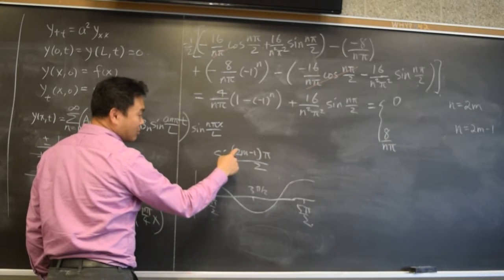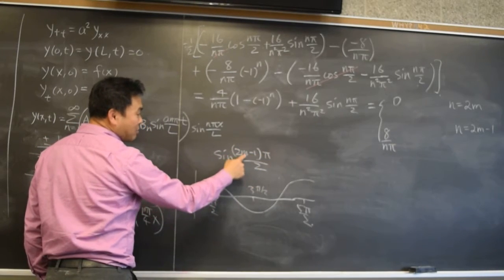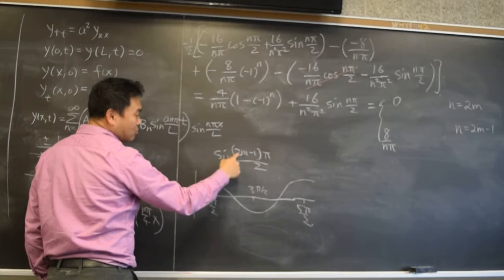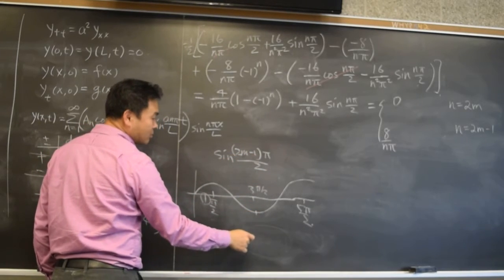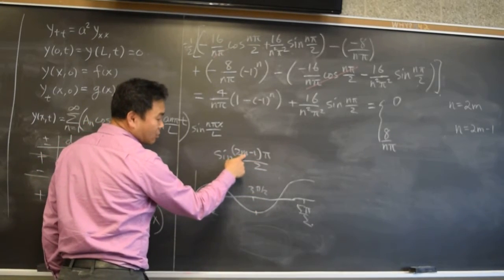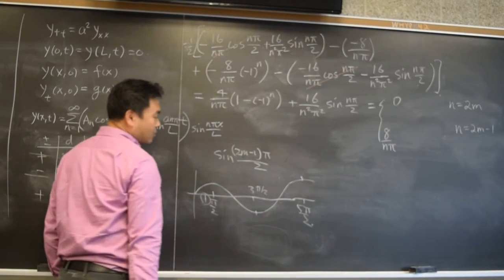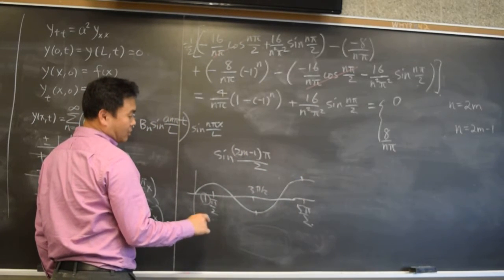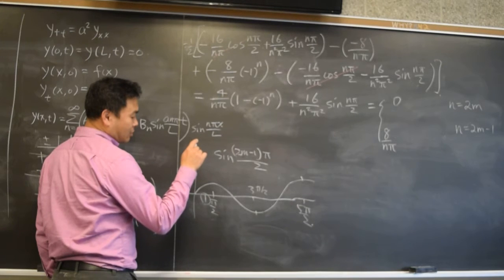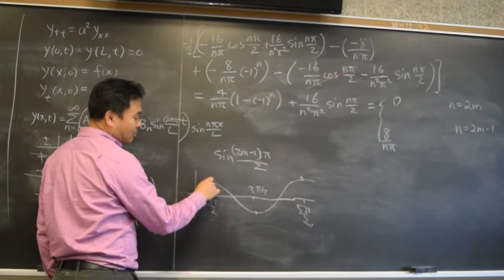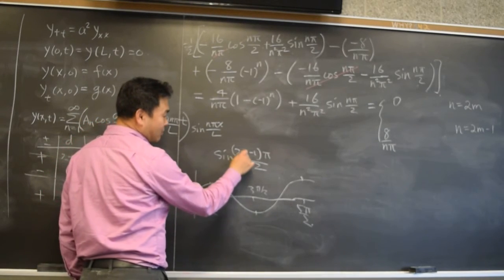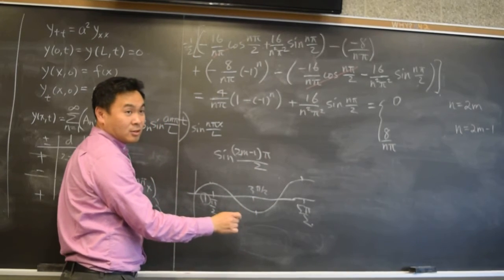When m is 2, if you plug in 2 here, 2 times 2 minus 1, that's 3. If m is 3, it's going to give you 5 pi over 2. Okay? So what do you see? If m is odd, you get positive 1. If m is even, you get negative 1.